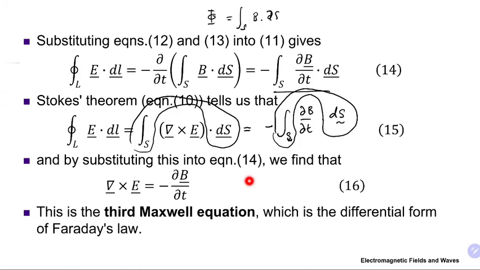Therefore, we can conclude that the curl of the electric field is equal to the rate of change of the magnetic flux density, or negative the rate of change of the magnetic flux density. And this is called the third Maxwell equation, and is also known as the differential form of Faraday's law. And this links the electric field to the magnetic field, or the magnetic flux density.